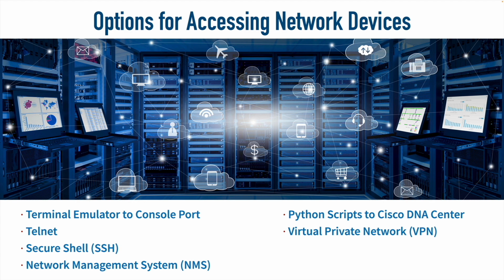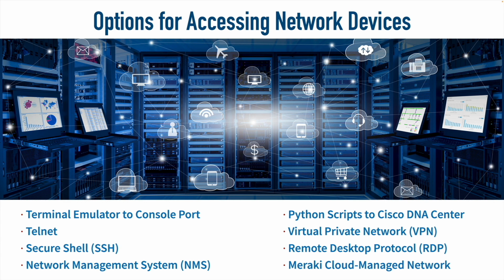We could actually get the desktop of another machine remotely using RDP, the Remote Desktop Protocol. And finally, we took a look at Cisco's Meraki Cloud-Managed Network, where we could have devices around the world all reporting information to the cloud, and we could access that cloud-based interface from basically anywhere and have observability into our entire network.